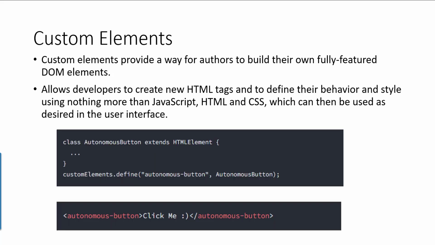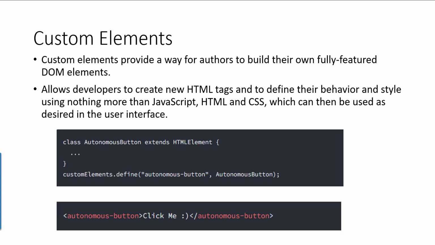The custom elements is helping us to create reusable code. For that, we have to create a class that is extending the HTML element. As you can see, we need to create a JavaScript class that extends the HTML element. Then you can define the functionalities inside the class.